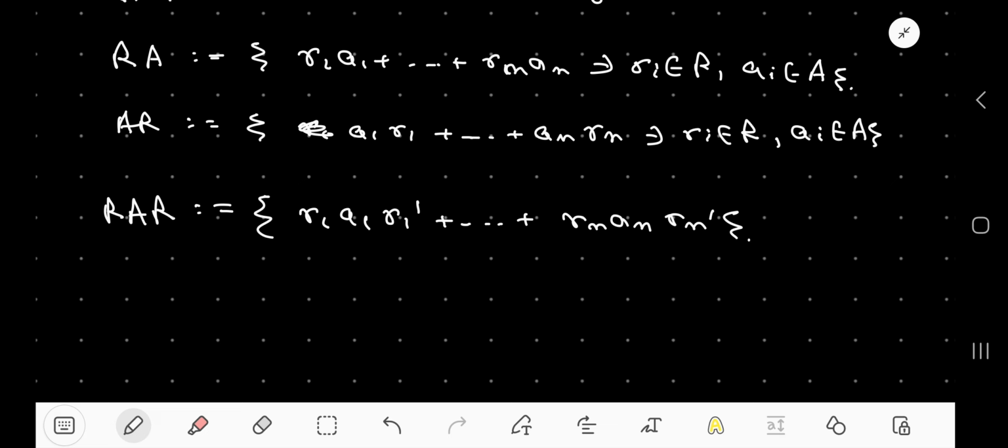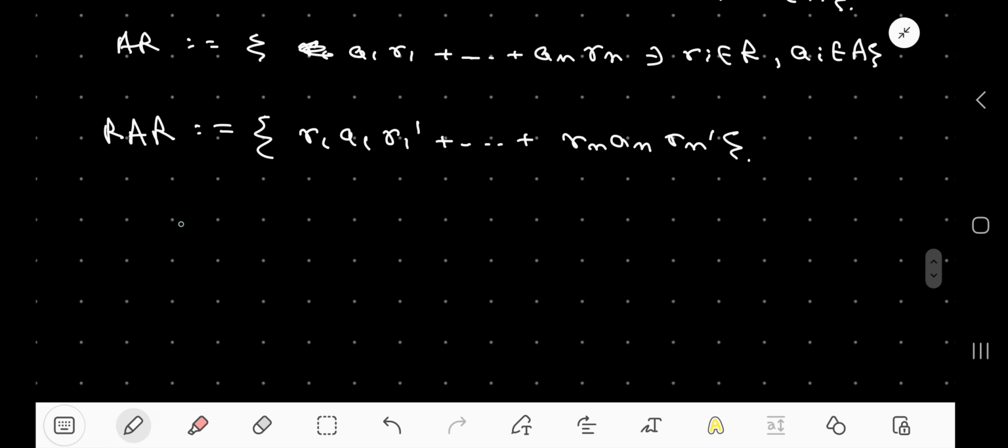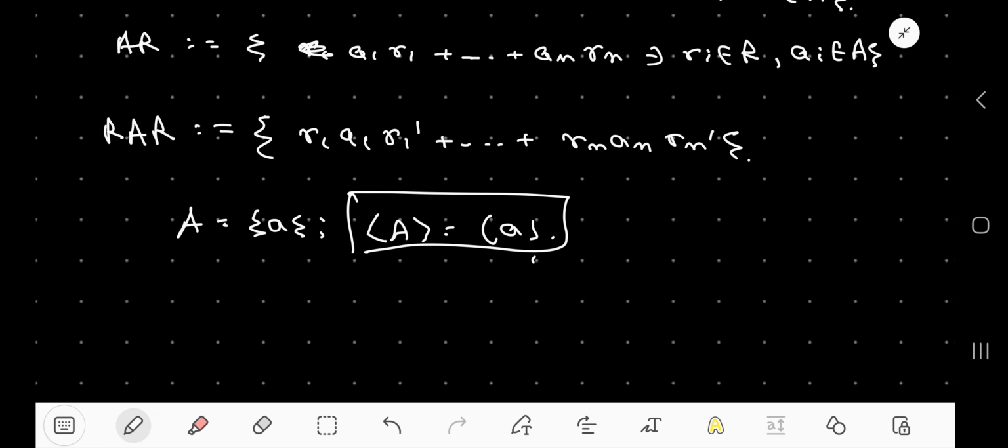Now if A is a singleton set, then the ideal generated by A is simply written as the ideal generated by the single element a, and in this case we say this ideal is a principal ideal generated by a.